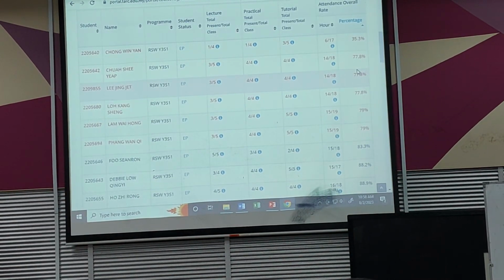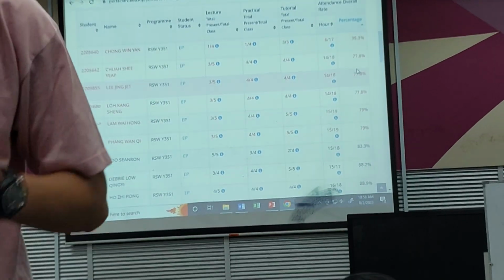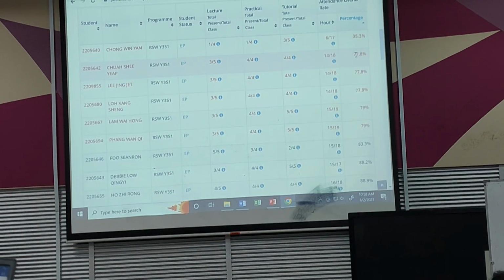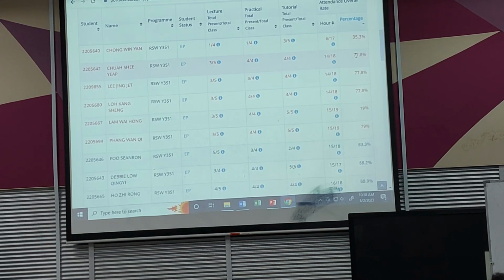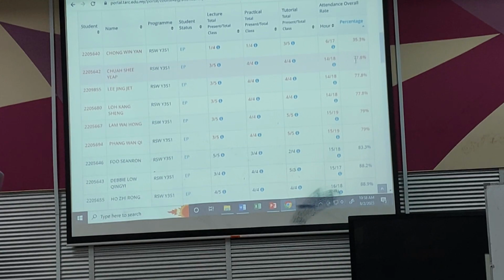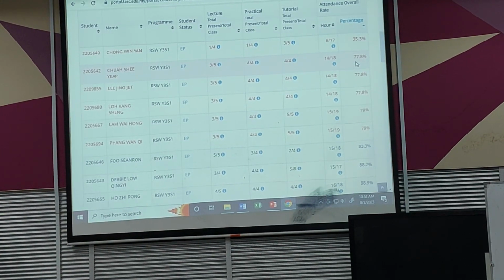Week 13 is Monday, week 13, cannot do anything at all. So you have to start appeal already. The money will come out on Monday. If the money came out already, even though for me I cannot do anything, you have to fill in and appeal. Let's say before that, you can communicate with the lecturer and so on, if they are okay with that.